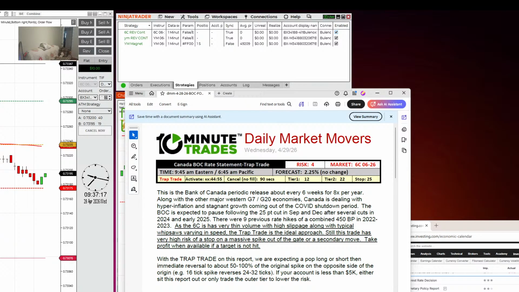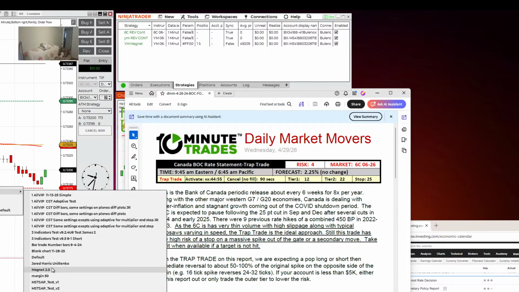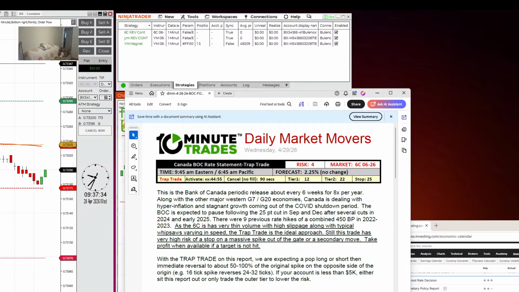Our charts, when you join with us, we have a template. So all you have to do is right click a brand new chart, click template, and load our Magnet 2.0 template. Takes 1 minute, and your chart is then set up exactly like our chart for news trading.